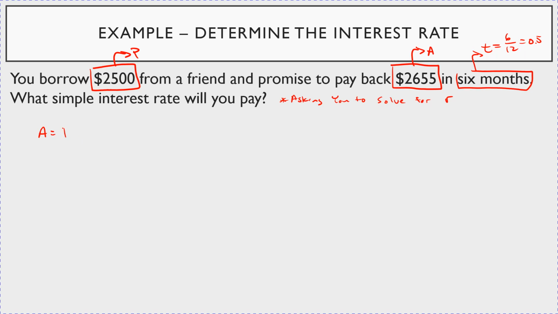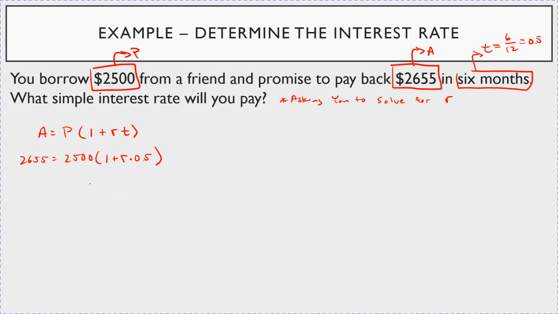All right, so let's try this formula. A is equal to the principal times 1 plus the rate times time. Well, look, I've got 2,655 is equal to my principal times 1 plus the rate, which I don't know, that's what I'm trying to find, times 0.5.